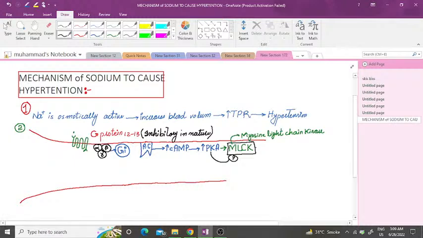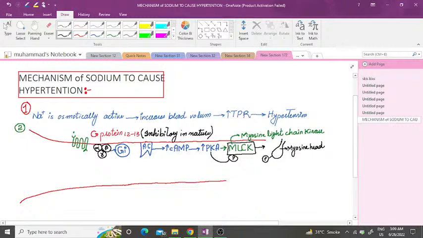Okay. So this myosin light chain kinase then causes the phosphorylation of the myosin head, which is involved in the contraction of the blood vessel. This is the myosin head.